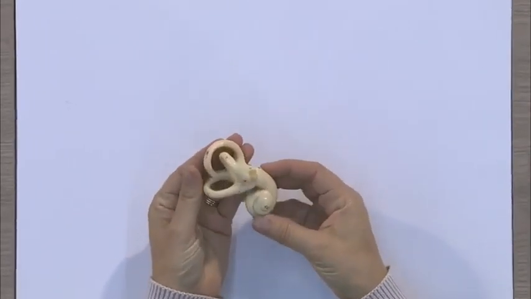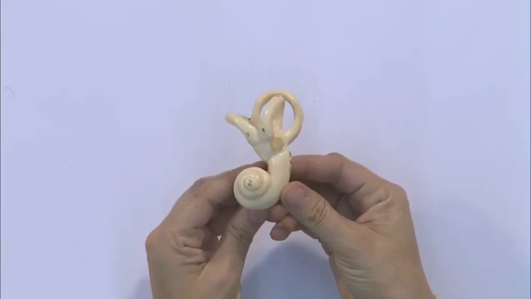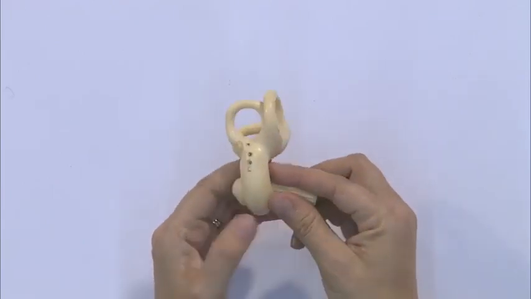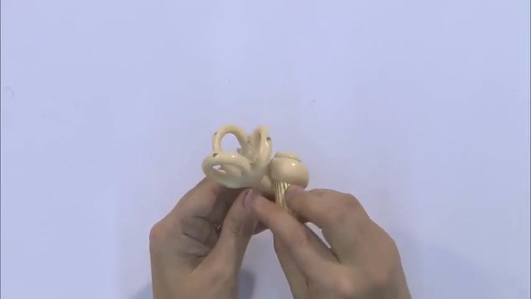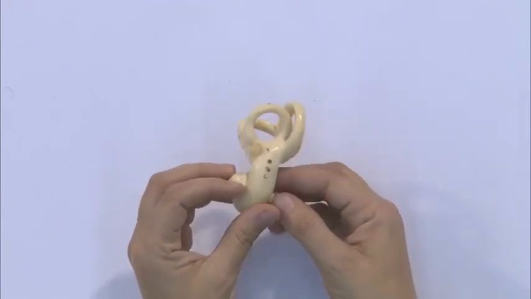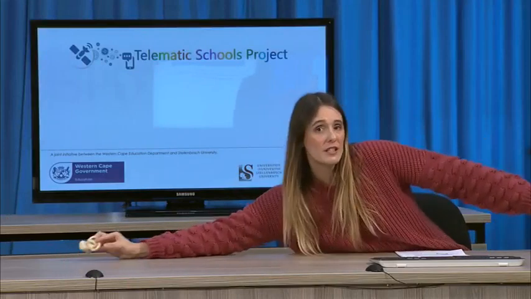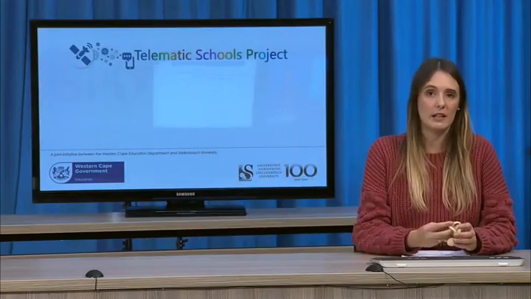One of them will register movement forwards and backwards, one of them up and down, and one of them left and right. So it's an absolutely magical structure that helps you not fall on your face every time you move around outside, okay? So basically, the two parts that are important here are the receptor cells, the cristae and the maculae. And what you need to remember is which one does what.